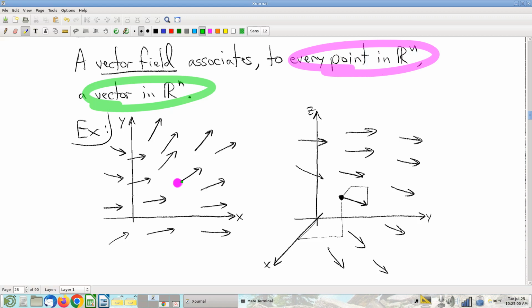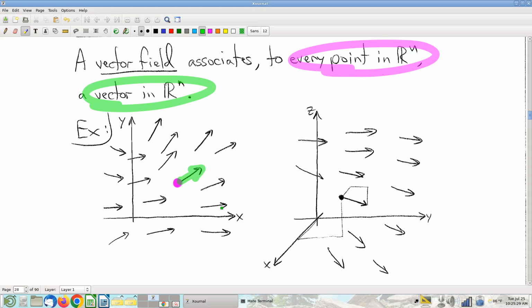And when I say I'm going to assign a vector to this purple point, what I mean is I'm going to draw the assigned vector in such a way that the tail of the assigned vector is at that point. That's just an artistic option, but that ends up being the natural way to do it. So for every point, there's a corresponding vector. Not just any point, but for every point, there is a corresponding vector.